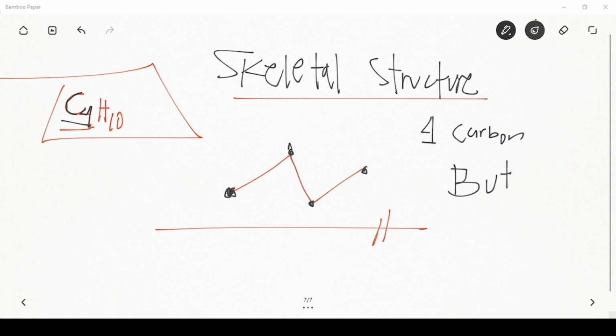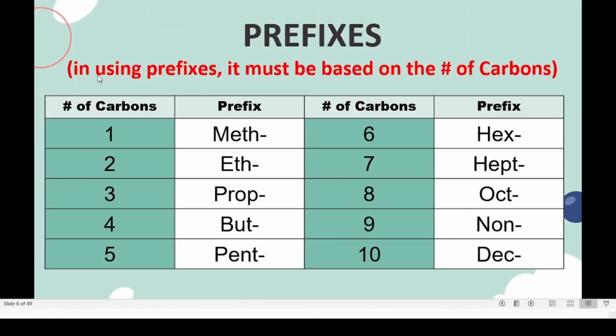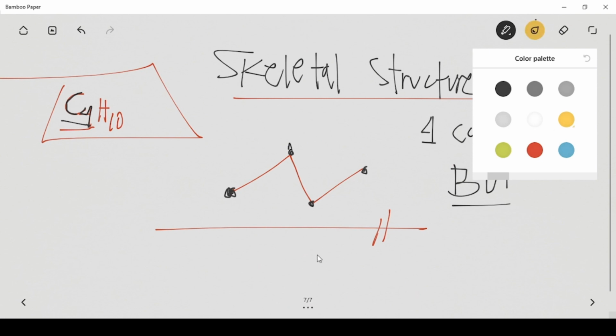Okay, if you're going to check, the number 4 is equivalent to the prefix but. So we must use the prefix but. Now, since it is only single bonds, therefore it is an alkane.